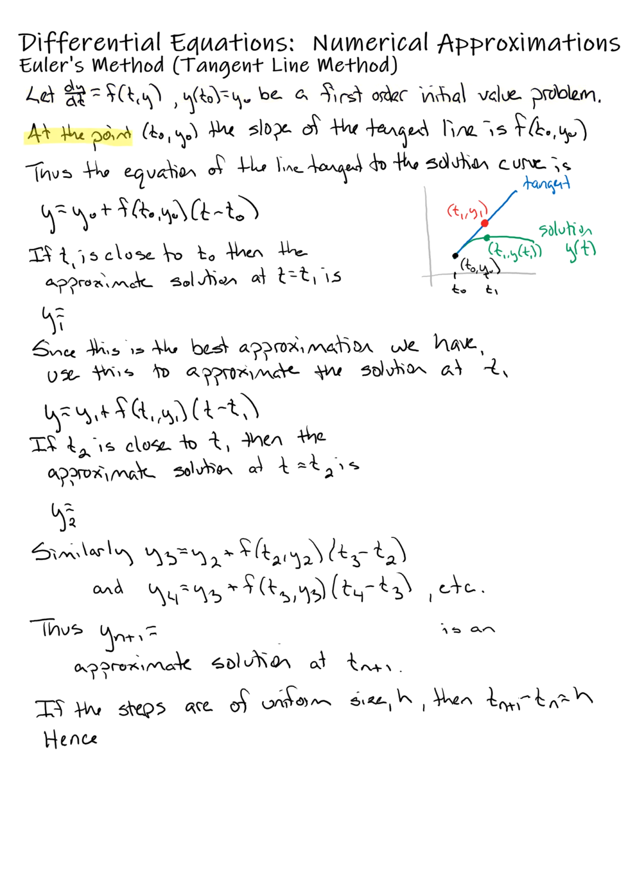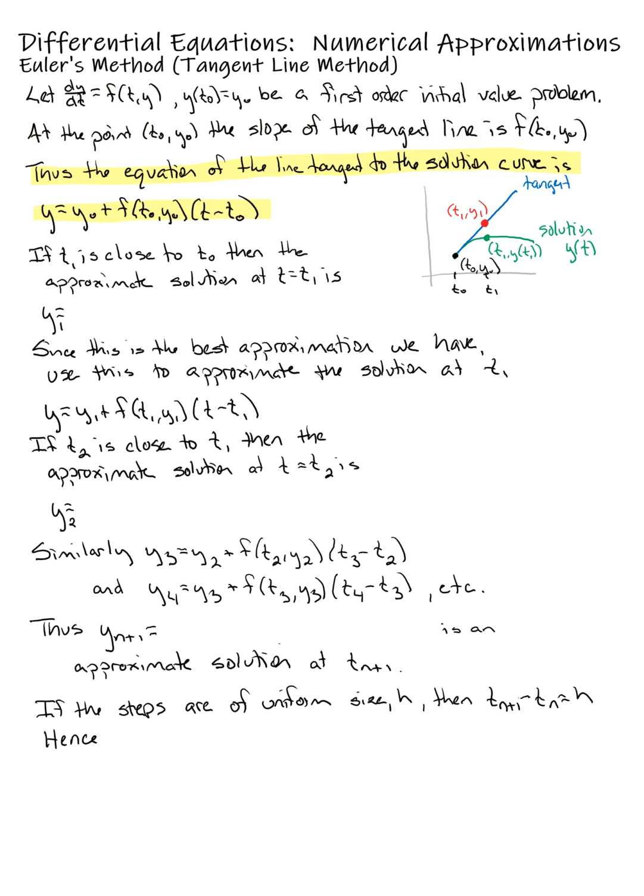It turns out that at that point, (t naught, y naught), the slope of the tangent line is actually the function evaluated at t naught, y naught, because remember our function is that derivative, which represents the slope of the tangent line. Thus, we can write the equation of the line that's tangent to the solution curve as y equal to y naught plus f of t naught, y naught, times t minus t naught.